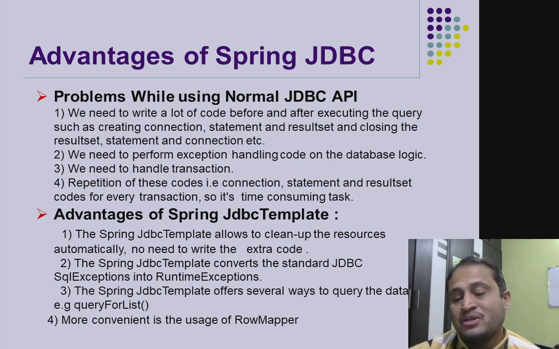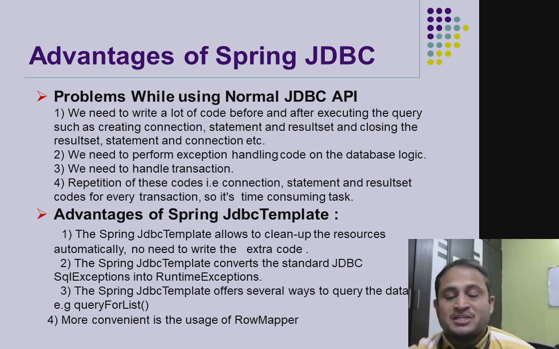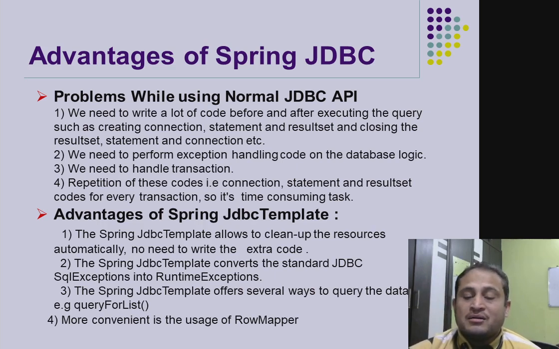It also converts the standard exceptions. Spring JDBC provides a standard exception handling mechanism. You do not need to write try catch blocks, as everything is processed by runtime exceptions instead of checked exceptions. And the Spring JDBC template offers a sophisticated query mechanism to the database.